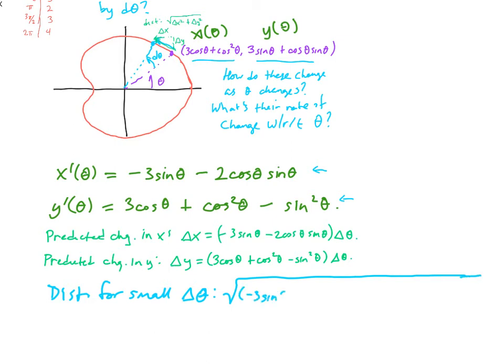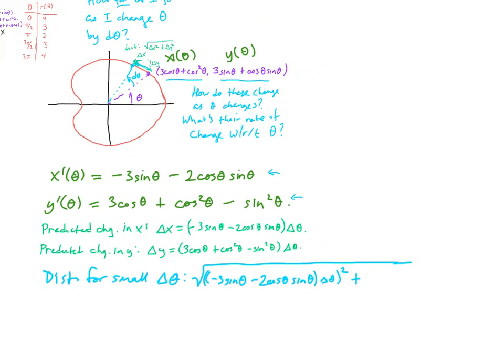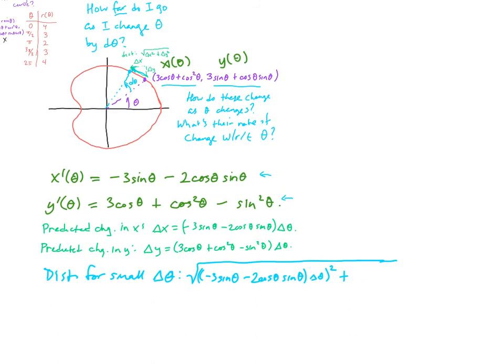Negative 3 sine theta minus 2 cosine theta sine theta, all of that times delta theta quantity squared plus, oh boy, going to need a bigger boat here, plus, see if I can get all this in here, 3 cosine theta plus cosine squared theta minus sine squared theta times delta theta, all of that squared.